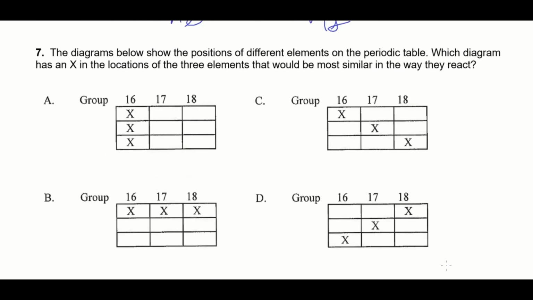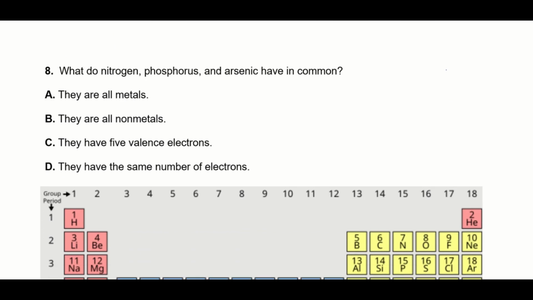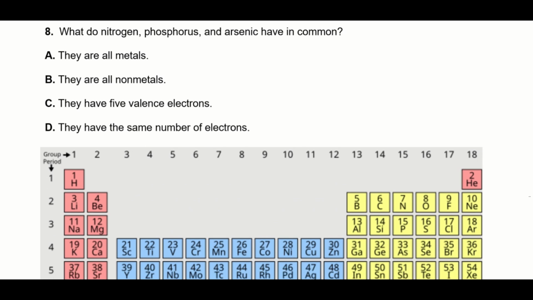All right, next one here. Which one will be most similar? The periodic table is organized where elements with similar properties caused by similar valence electrons are all in the same group, also known as family. So group 16, A is the answer. Now, they may not seem similar many times, but they're more similar than elements that are located elsewhere on the periodic table.